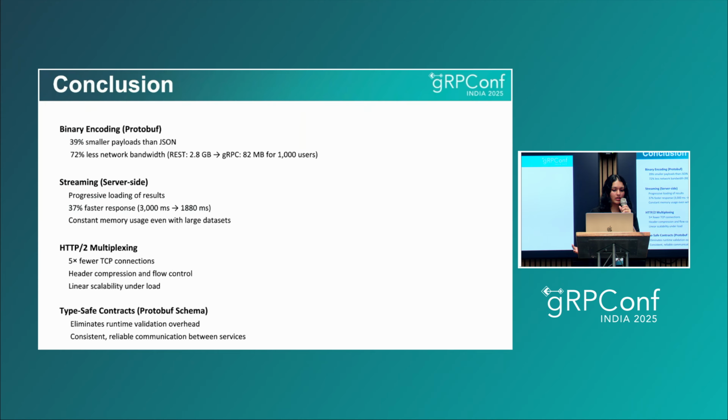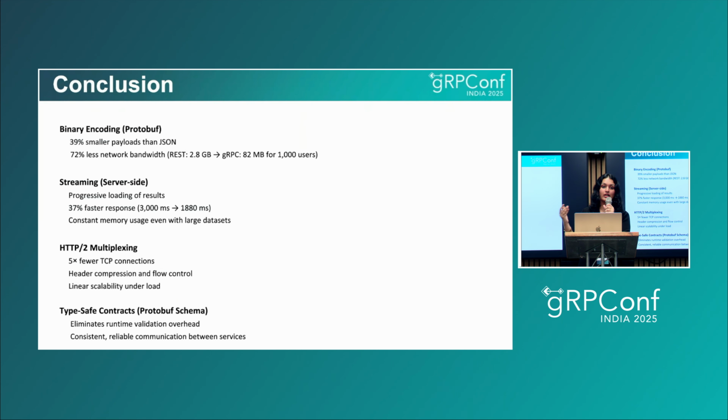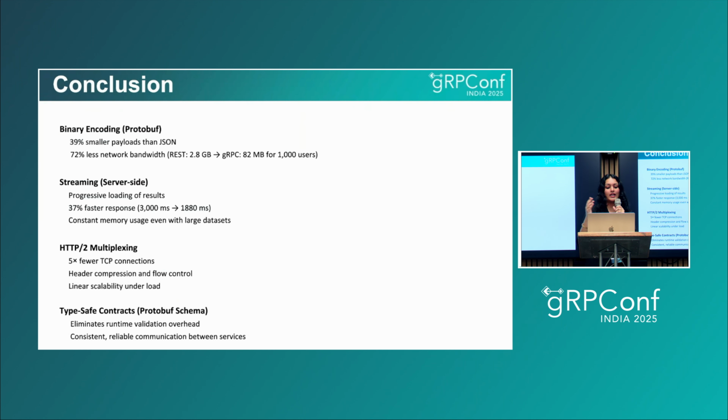Then the streaming enabled 37% faster responses, reducing the time from 3000 milliseconds to 1880 milliseconds. HTTP/2 multiplexing reduced the TCP connections by 5 times, and also type safe contracts eliminated runtime validation overheads and provided consistent, reliable communication between services.